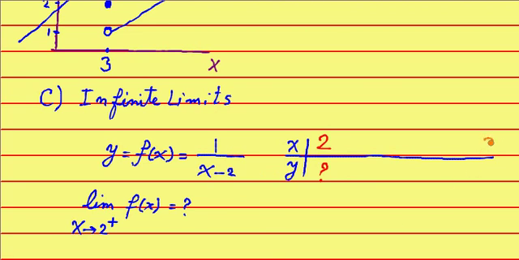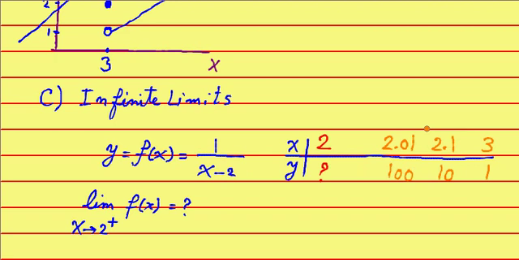Suppose I pick 3. Well, if I put a 3 here, 3 minus 2 is 1, so I get just 1. Let's come closer. Say I said come close to 2.1. Let's put 2.1 in this. 2.1 minus 2 is 0.1. 1 divided by 0.1, I get 10. What if I come closer? 2.01, you plug it here, you get 100.